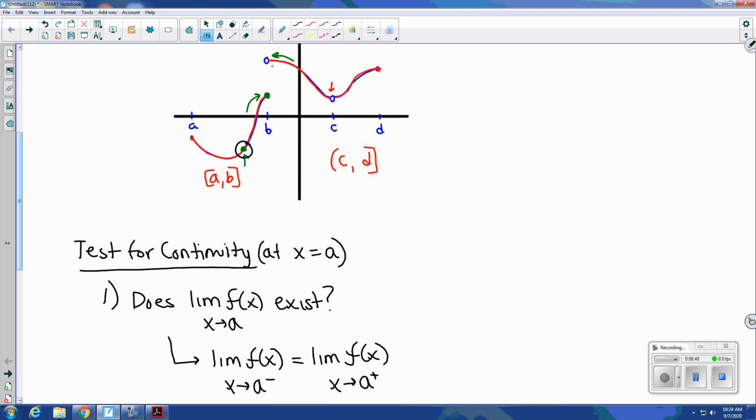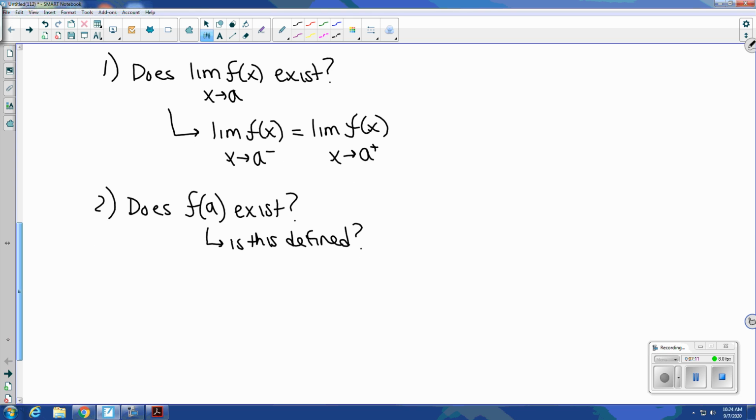We get an output. If I plug in this value, the output exists. But if I go over to point C, we have a hole at C. So f of C, in this case, doesn't exist. There's no function output with that. So that's our second question.